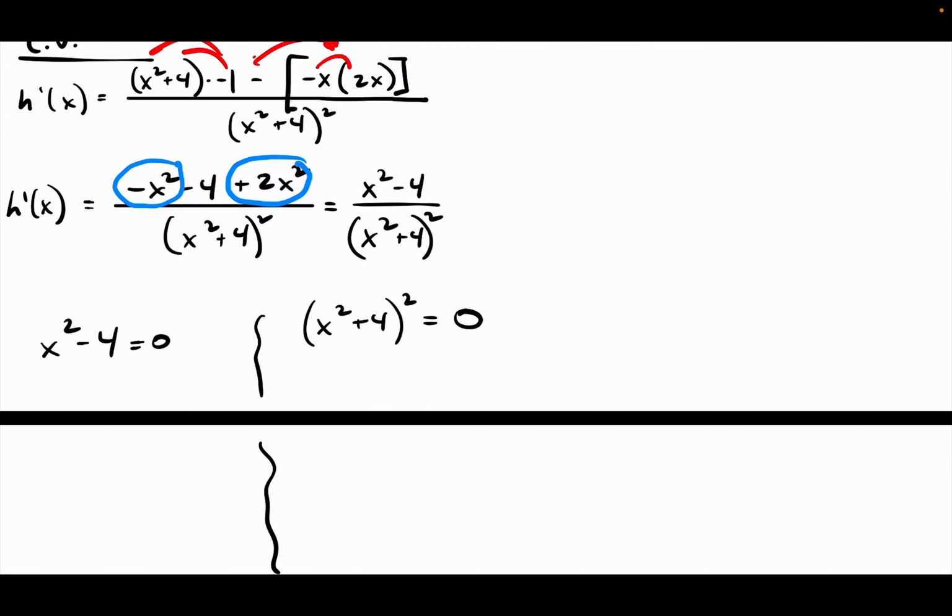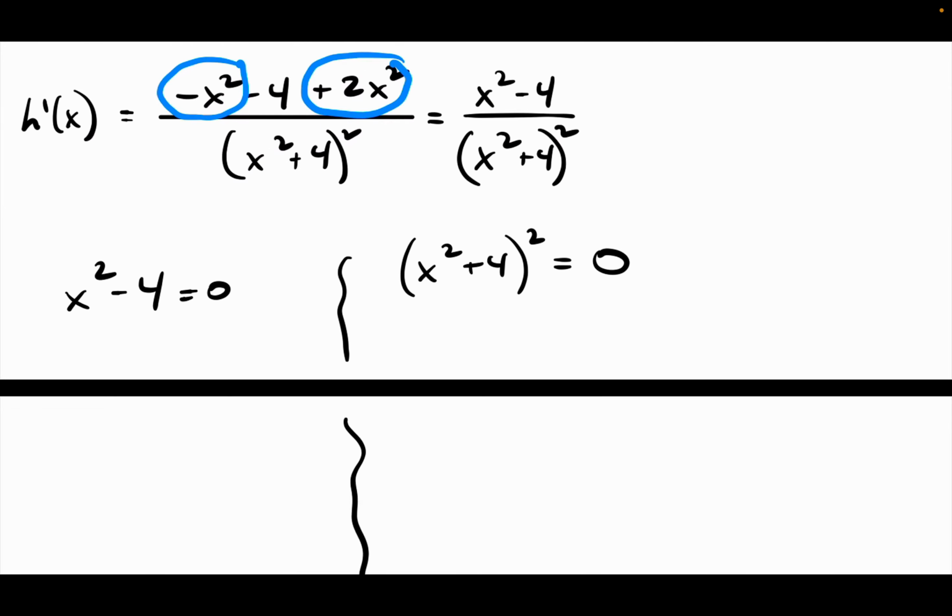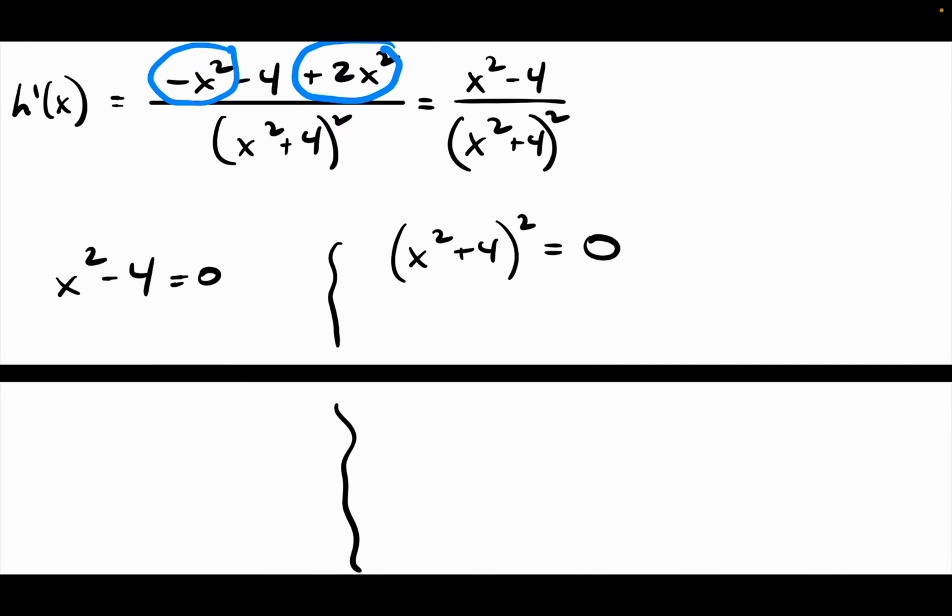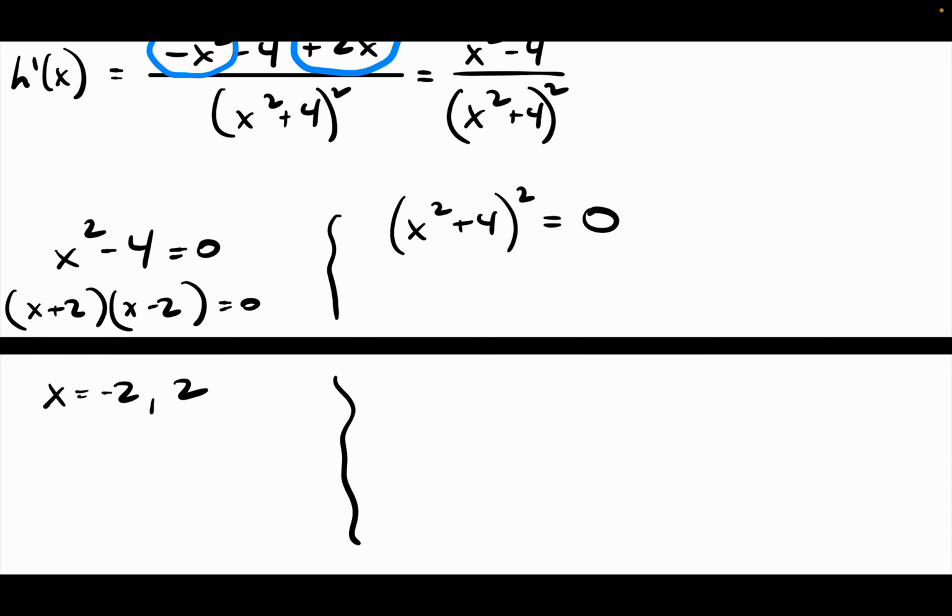So I've got to set the bottom equal to 0 as well. Like Seth was saying, the left is a difference of squares. Or you can add 4 and take the square root. Either one works. You're going to get x plus 2, x minus 2. So you're going to get x equals negative 2 and positive 2. What about the other side?